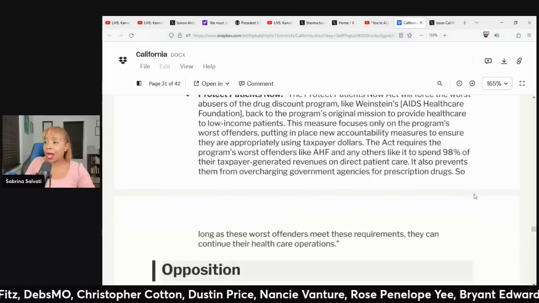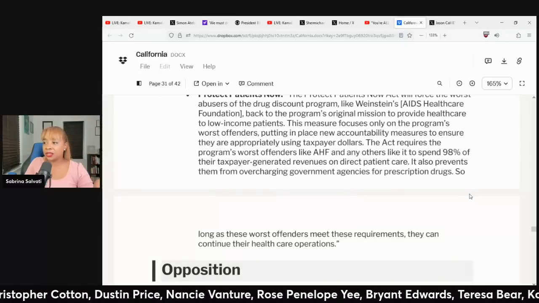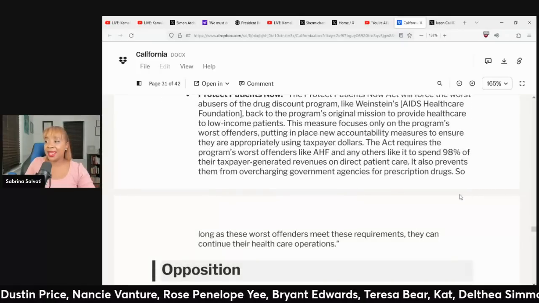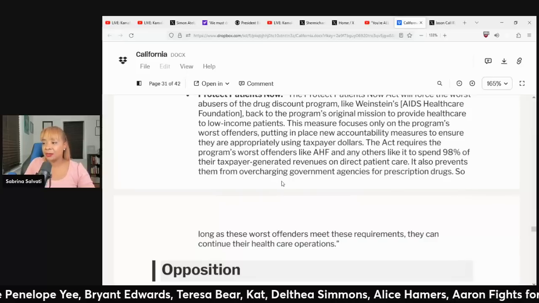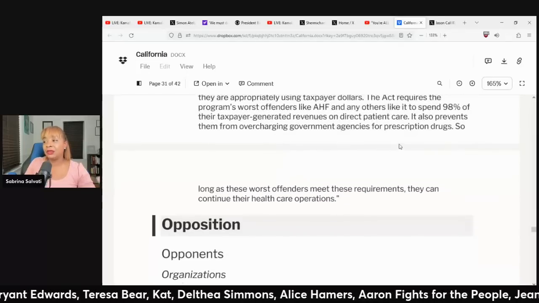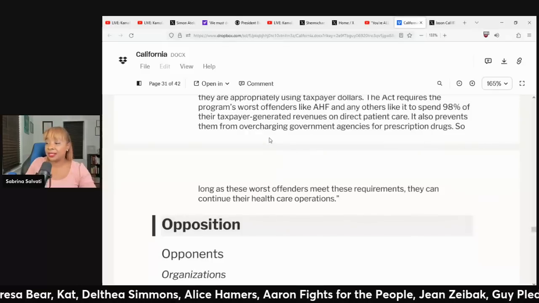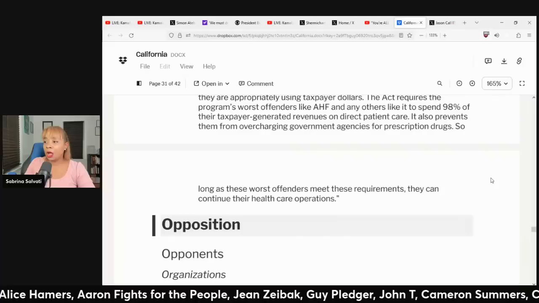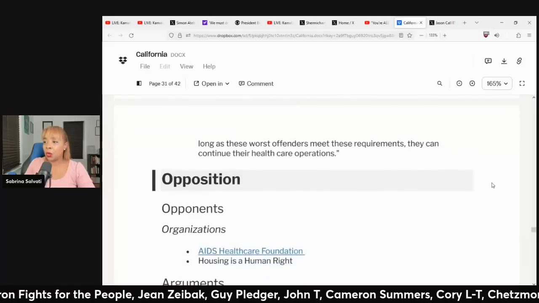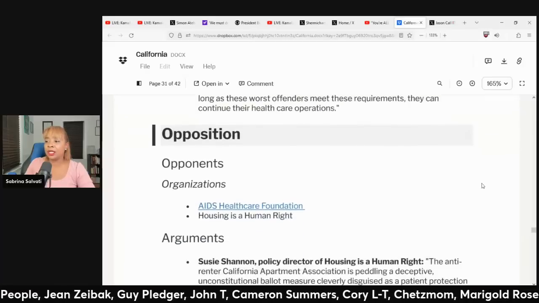The act requires the program's worst offenders like AHF and any others like it to spend 98% of their taxpayer generated revenues on direct patient care. It also prevents them from overcharging government agencies for prescription drugs. So long as these worst offenders meet these requirements, they can continue their healthcare operations.